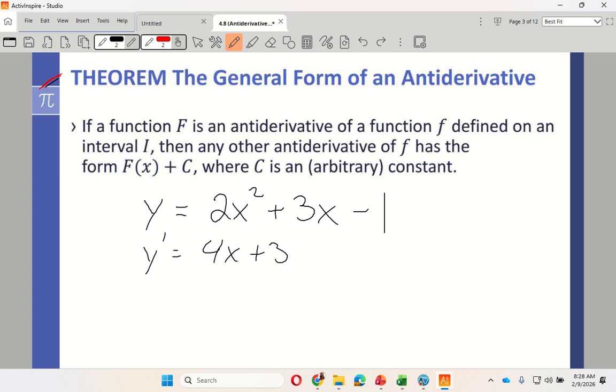I need to undo that. So think of the steps that I did to do my derivative. I took the exponent, multiplied it by the front, right? And then I did what? What else did I do here? Take the exponent, multiply it out front, and then I subtract the exponent by 1. So if that's the way that I did it, let's back that up.